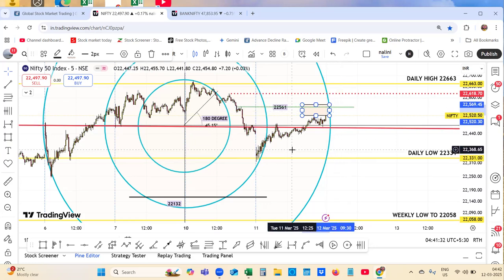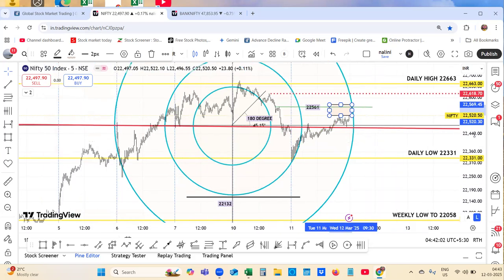We need to see what the market will do, whether it will get resistance around this area or whether it will try to move past this area. That is the most important thing. If it faces resistance over here, it can turn around to the downside.